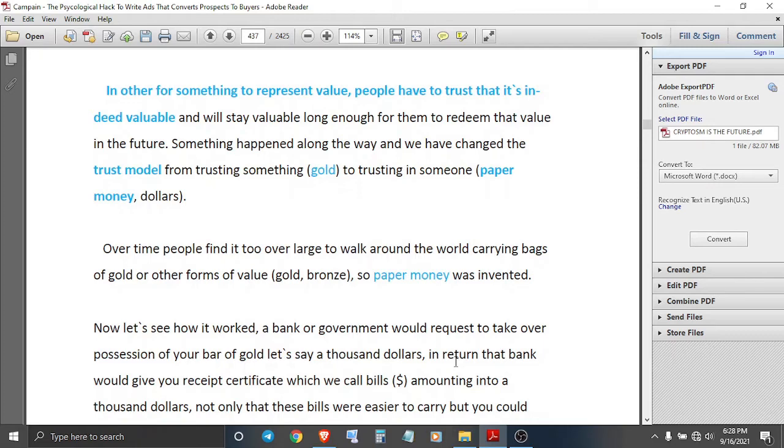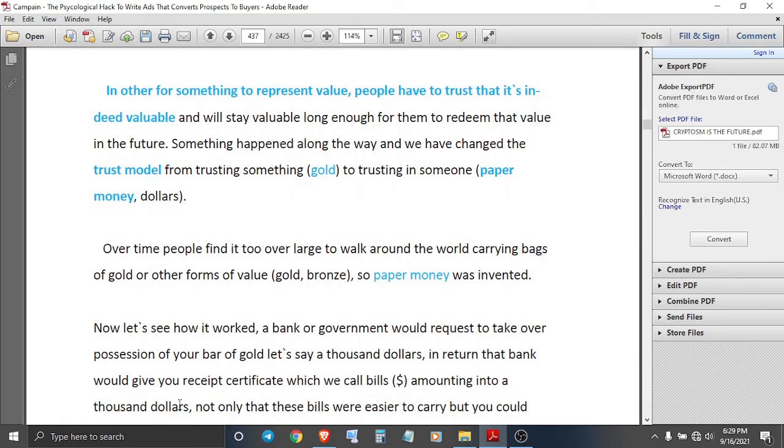Okay, I will show you some of the receipts they gave at that time. So when you bring back the $1,000 receipt they have given to you, they give you back your bar of gold. I think here I said that in return, the bank will give you a receipt certificate, which we call a bill, amounting to $1,000.